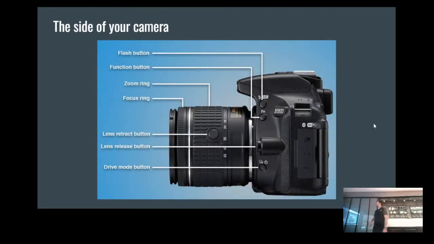Going back to the side of the camera, some cameras will have a flash button on there. Again, flash, pretty self-explanatory. If you've got a flash on there, that'll pop it up, and when you go to take that photo, it'll then ignite your flash. Now, lots of mirrorless cameras do not have flashes. The reason being is that mirrorless cameras are really slated for great low-light photography.